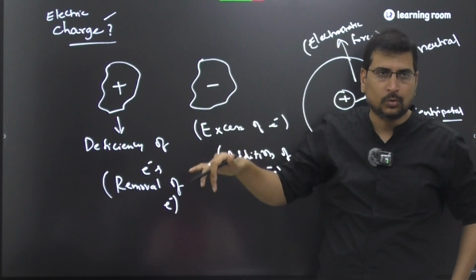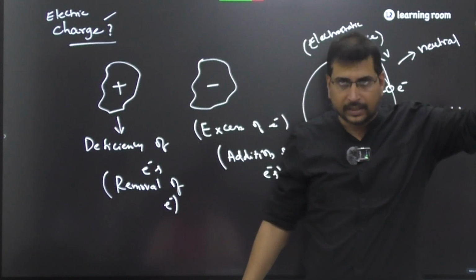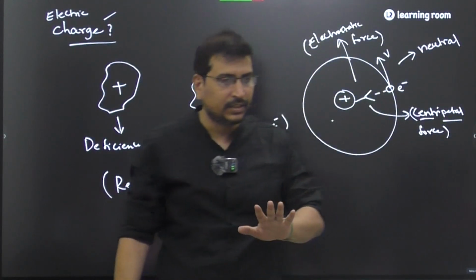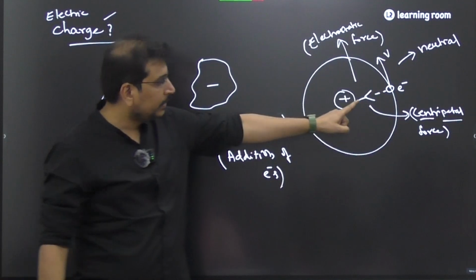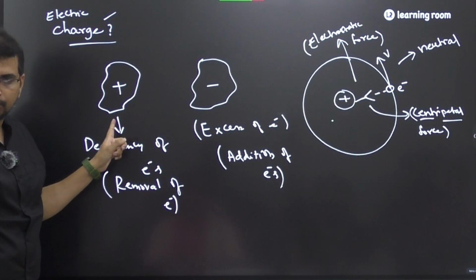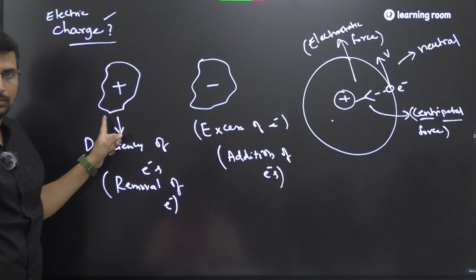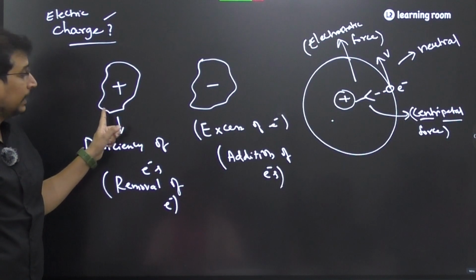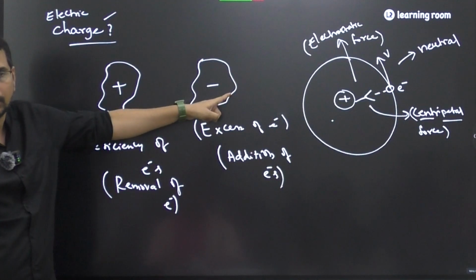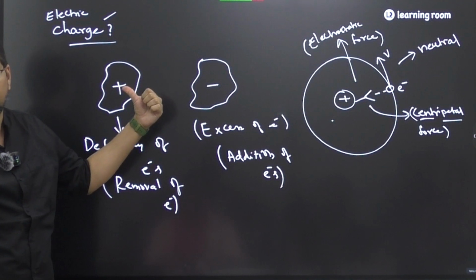No. What will it try to do? It will try to release the excess energy and come back to the ground state. It will always try to be stable. That is the basic nature of science. Here it is stable. What about this? Is this going to be stable? What will it try to do? It will try to search for the negative charge and pair with it. What about this one? It will try to do the vice versa.